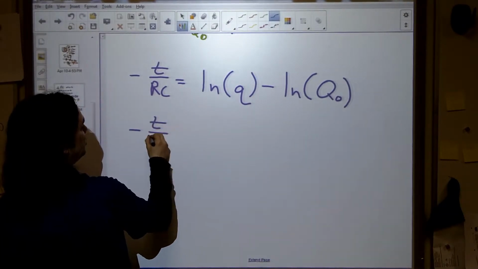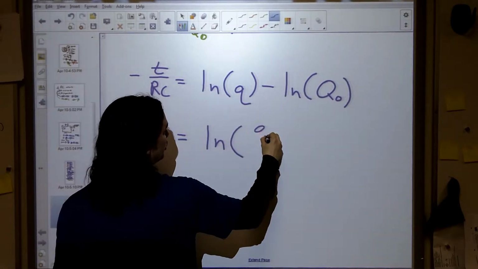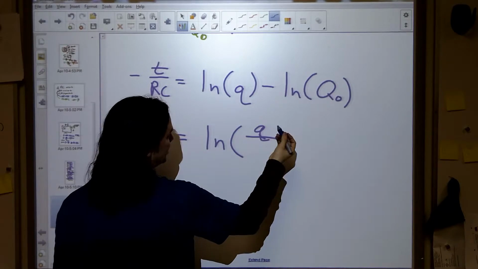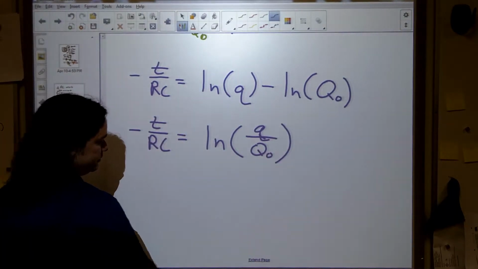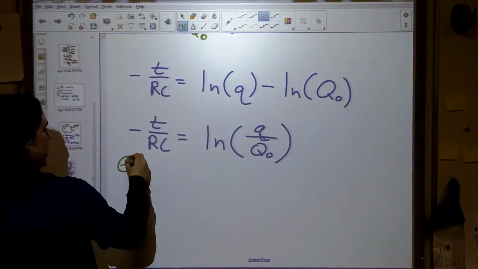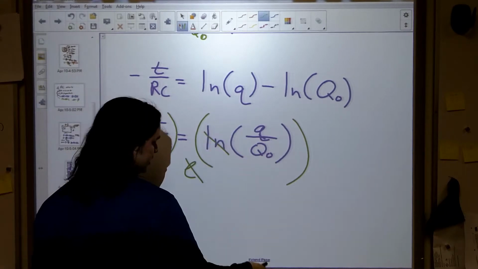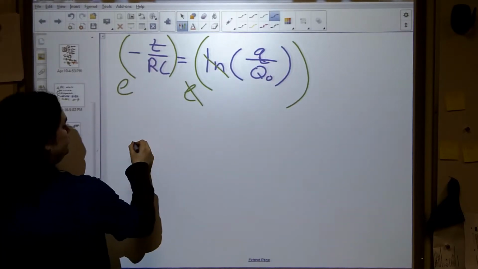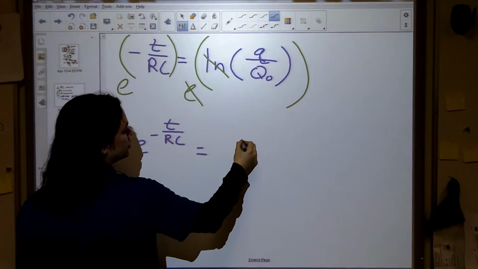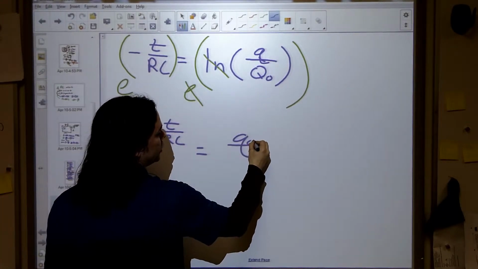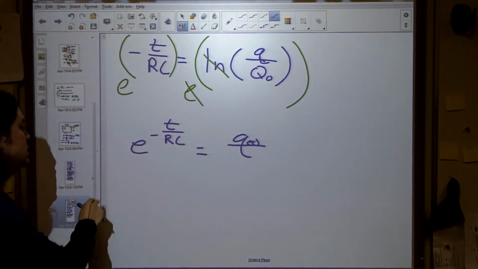I can clean this up a little bit, once again using the rules of natural logs. It's helpful to be familiar with those, though as you've seen we keep ending up with kind of the same thing, so it's pretty useful just to be familiar with this. I'm going to take e raised to both sides, and that's going to get rid of this natural log. I end up with this, e raised to the negative t over RC equals Q as a function of time over Q naught, so the charge on the capacitor at some time t.